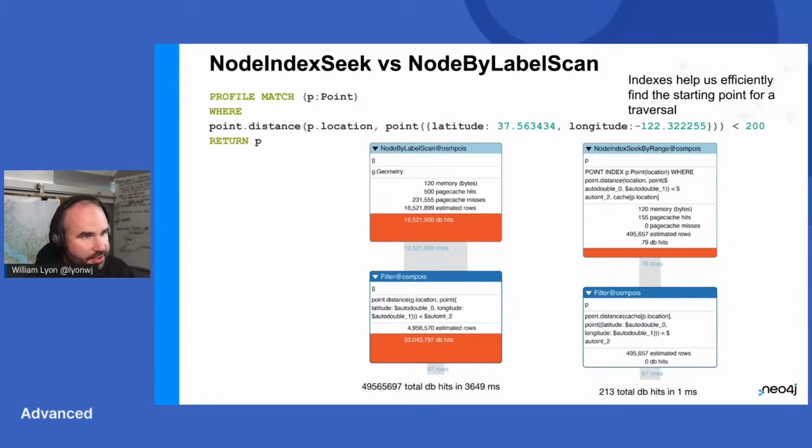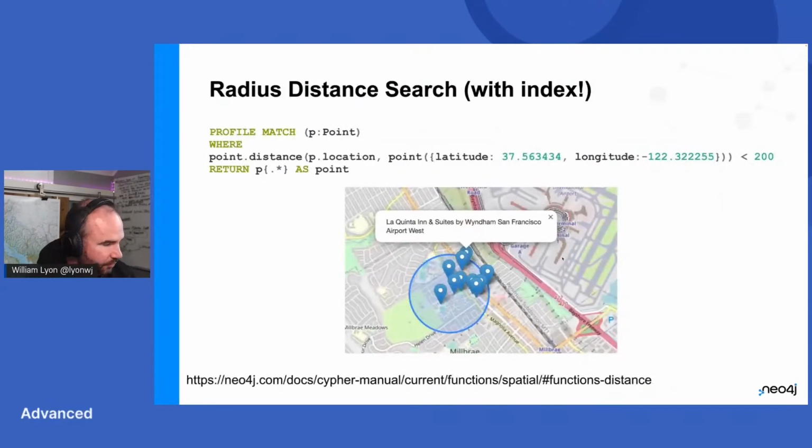On the right, we do a node index seek, which is much faster. That results in just 200 database hits in anywhere between 1 and 3 milliseconds on my machine. You'll notice it still does a filter after the index lookup, and that's because the index gives us basically points within a bounding box, and then we need to filter to the circular radius, since we're doing a radius search here.